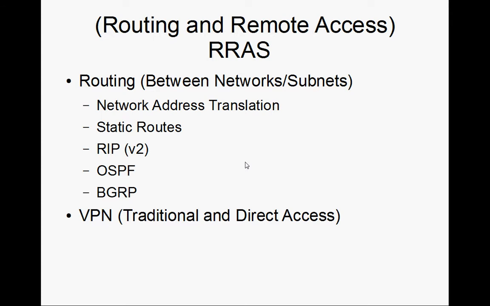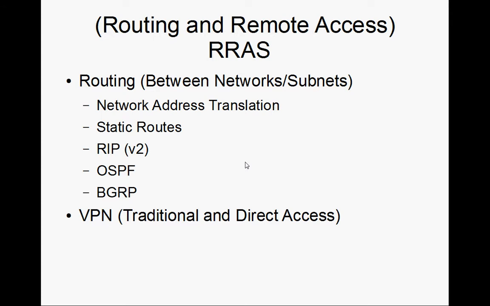And that's really beyond the introduction, and it's quite frankly kind of beyond Windows. But you need to know that network address translation exists. You need to know that you can create static routes for where to send things. The Routing Information Protocol, Open Shortest Path First, and BGP, which is completely out of scope.